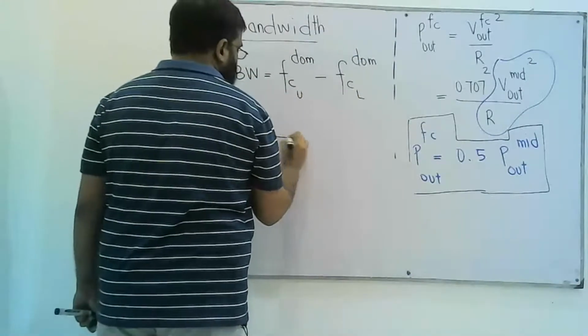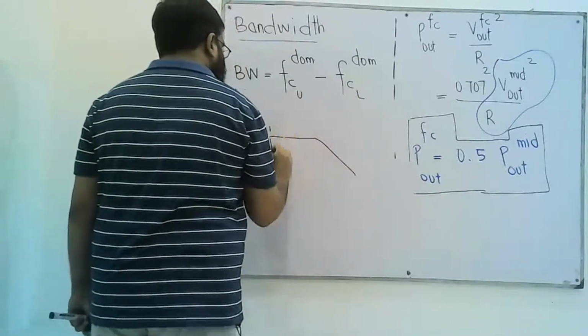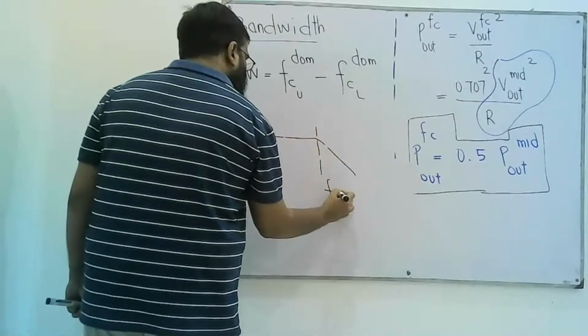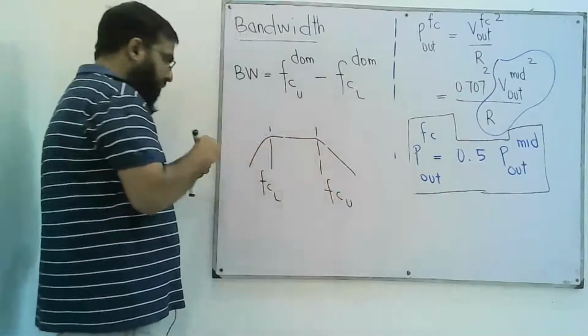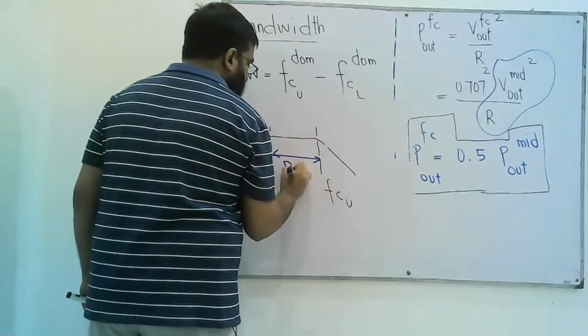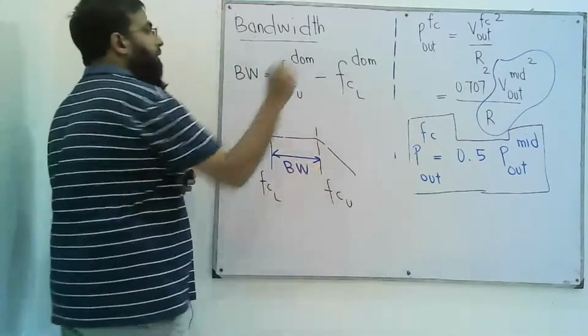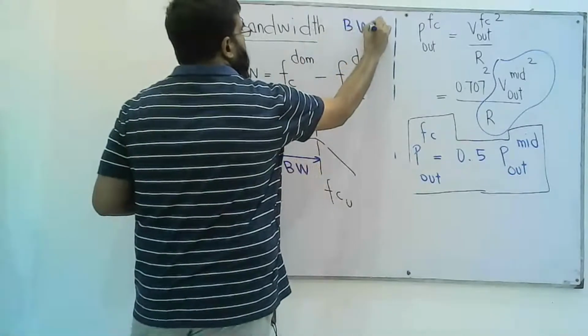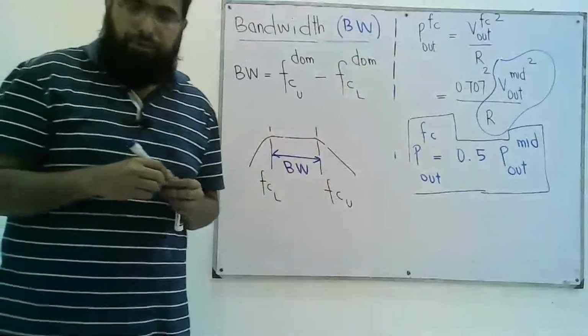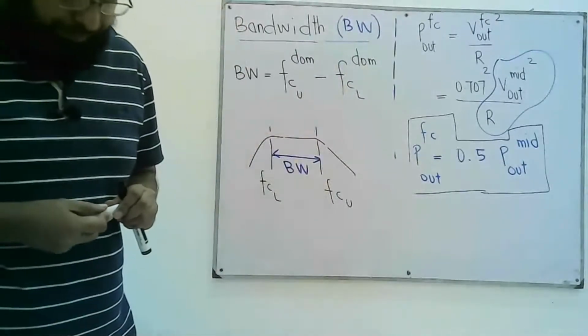So if we have this as the Bode plot, this is FCL, this is FCU. This range of frequency is also called bandwidth. Bandwidth is represented by BW.